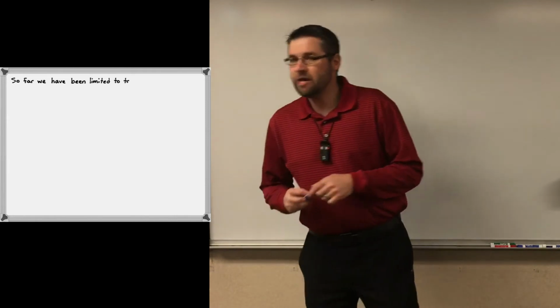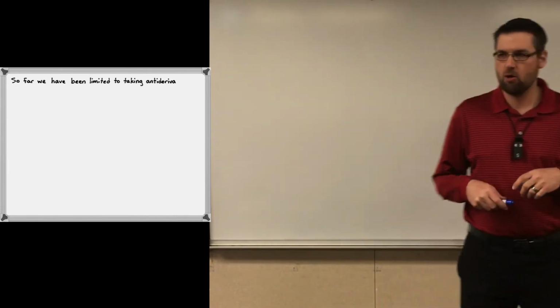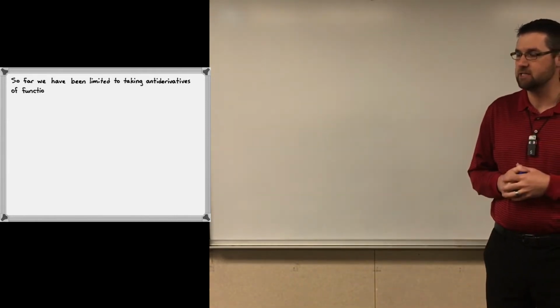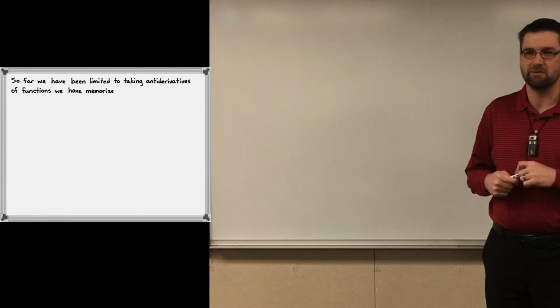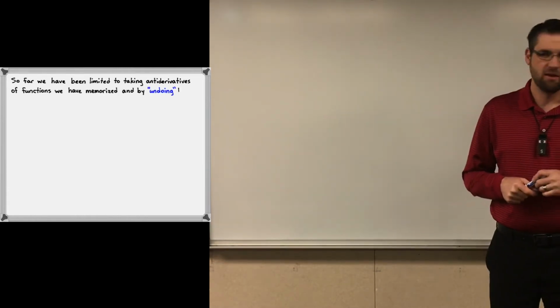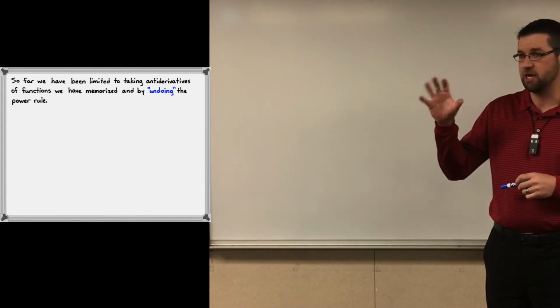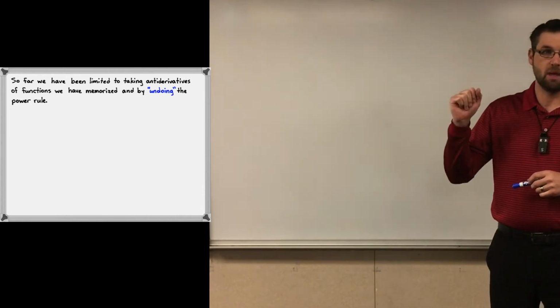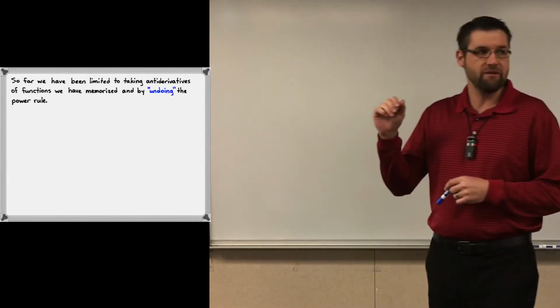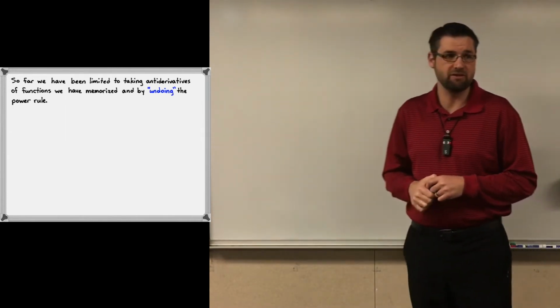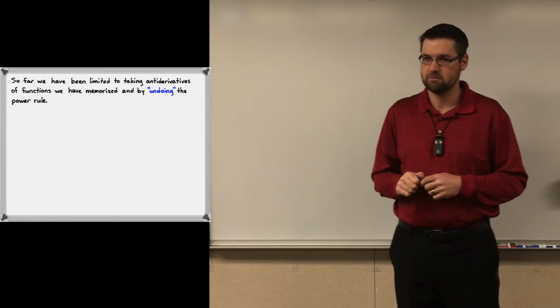All right, so we know how to take the antiderivative, but only in very rare cases. It seems like you know how to take a lot of antiderivatives, right? Because we've been doing it for a while. But only when it's a polynomial function, or if it's something that you just know how to take the antiderivative of, right?